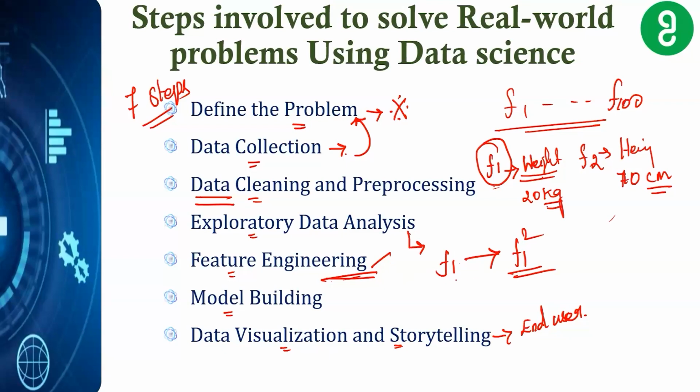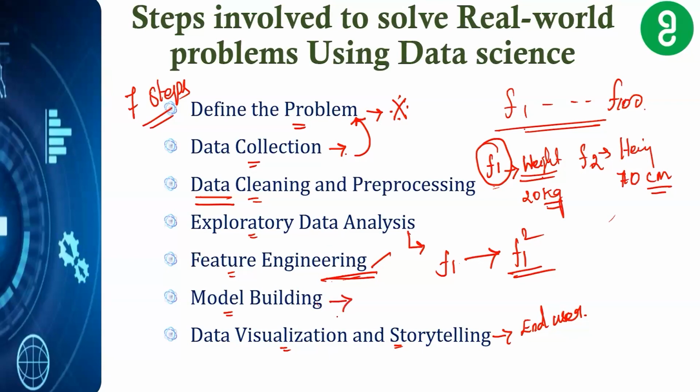So feature engineering involves transforming the data into more meaningful features. Even though you have F1 to F100 features, using feature engineering you convert your features into more meaningful features, which will improve your model performance and provide more insights and interpretation of your data. And then model building.